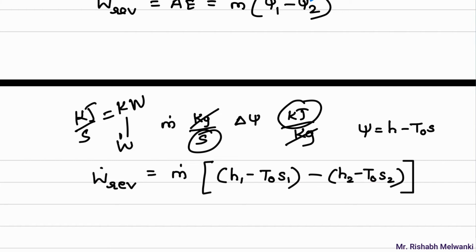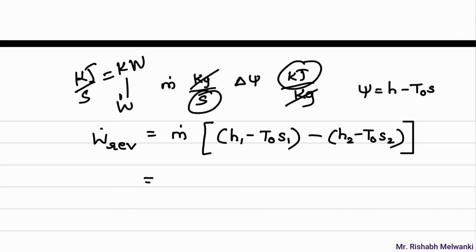Okay, so the M dot value is given in the question. Before that, we will slightly rearrange this equation. I'll take M dot in a bracket, and take H1 and H2 together, so I can write H1 minus H2. Then minus T0.